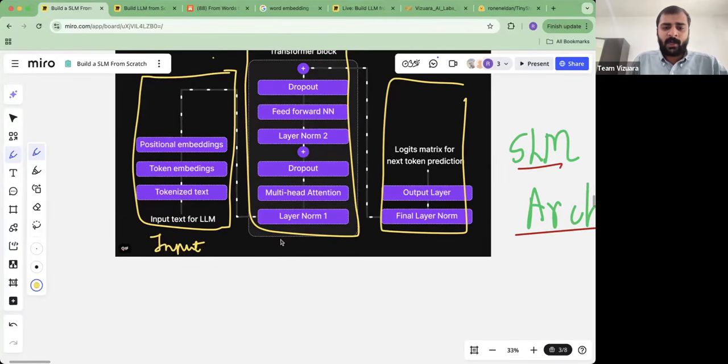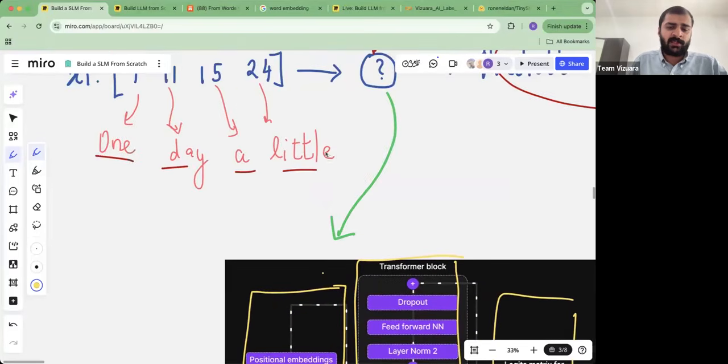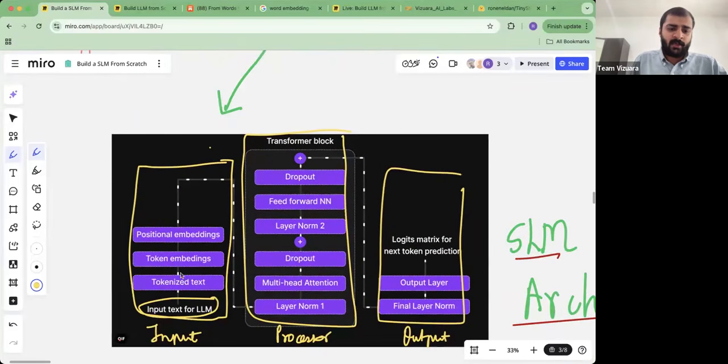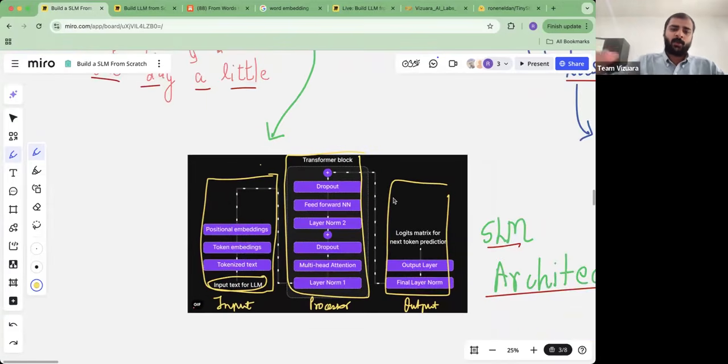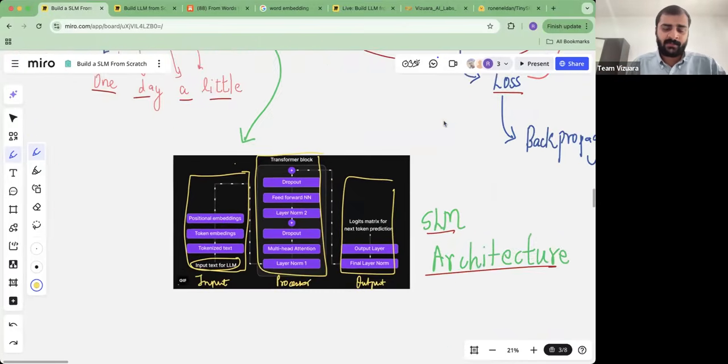The second block is called the processor, and the third block is called the output block. Now the input, so you see here the input text for the LLM, this is where these 4 tokens are going to go. And then they are going to go through this entire journey from the input block to the processor block to the output block. And when we come out of the output block, we'll have the predicted 4 next tokens.